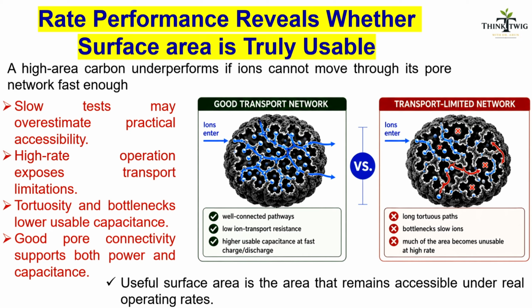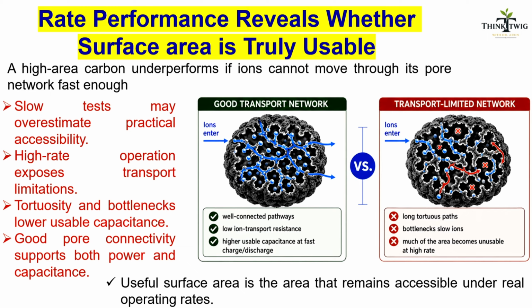Two terms help us to understand this: tortuosity and bottlenecks. Tortuosity means the ion's pathway is long and indirect. Think of two roads. One is straight, the other reaches the same place through many turns. The second route takes longer. A bottleneck is a narrow region that restricts ion movement.